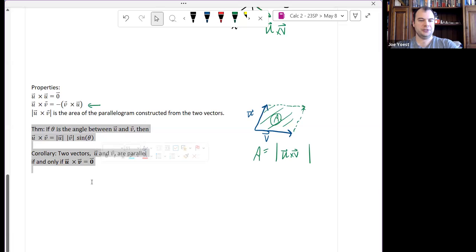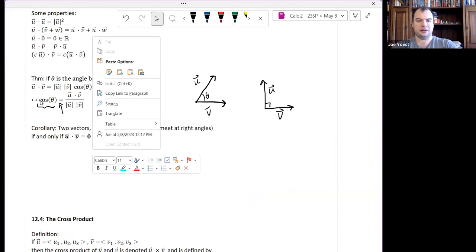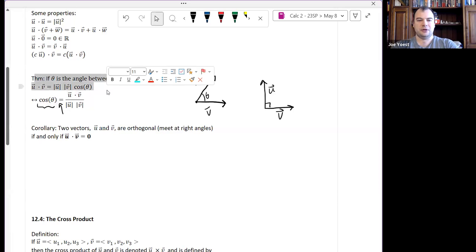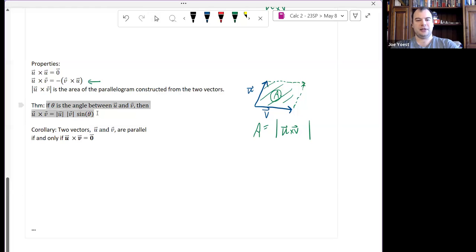And a couple of theorems. We have a related theorem to the dot product theorem, where if theta is the angle between u and v, then u dot v is length u, length v cos theta. If theta is the angle between u and v, then the length of u cross v is length u, length v sine theta.